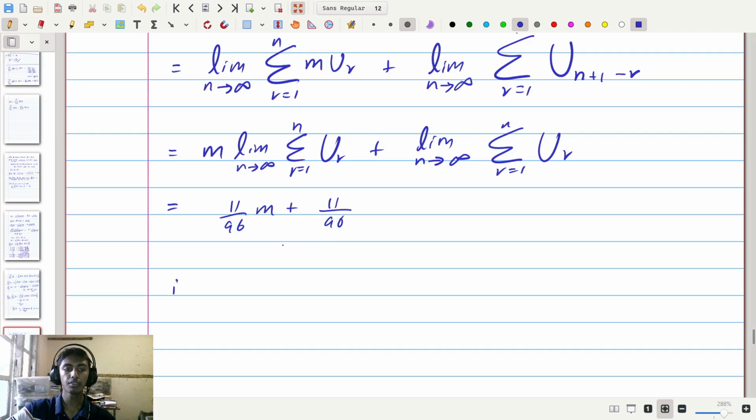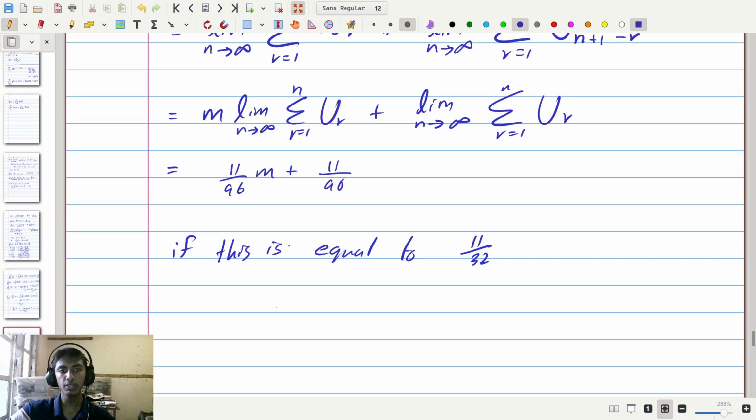Now, if this is equal to 11 over 32 as the question asks, then we have the equation 11 over 96 m plus 11 over 96 is equal to 11 over 32. We can cancel all the 11s out.